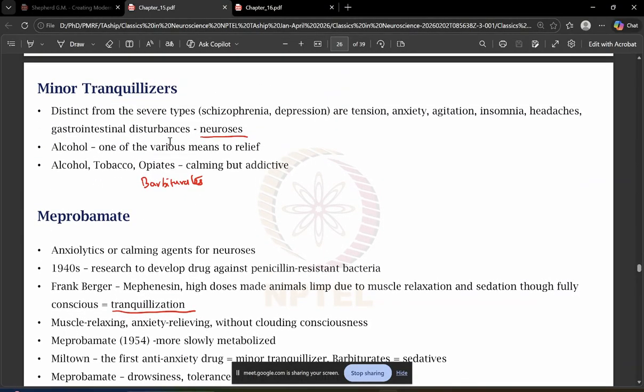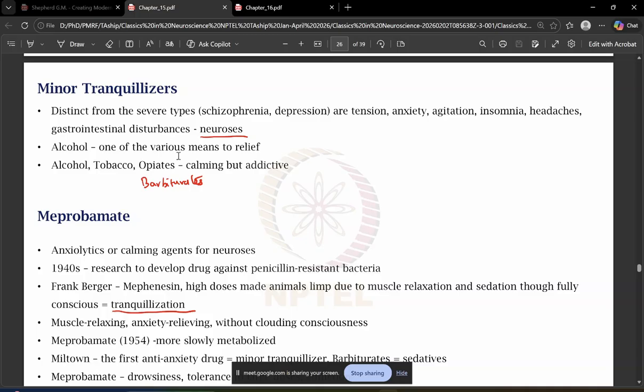So far we had discussed the drugs that were used for treating psychosis, right? Major kinds of mood disorders, such as those for mania, manic depressive disorders, depression, and schizophrenia, and so on.